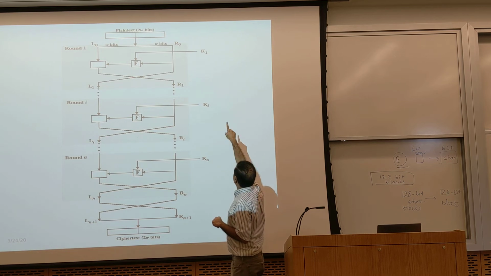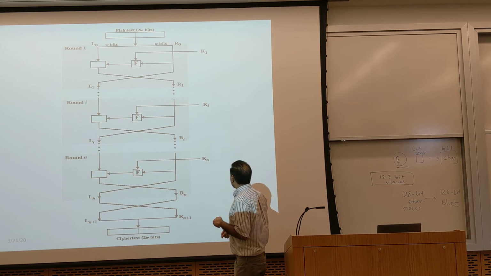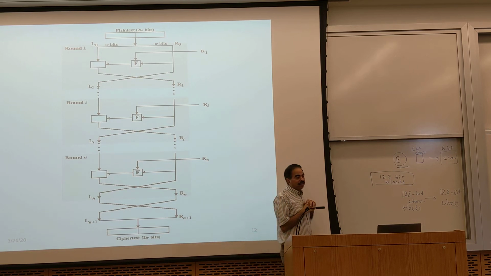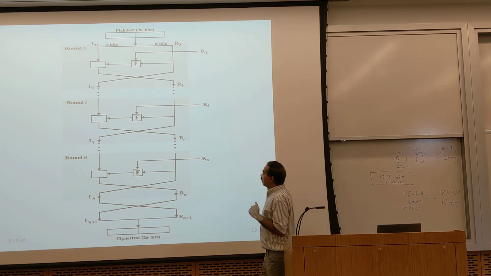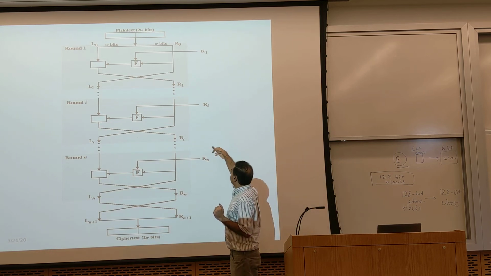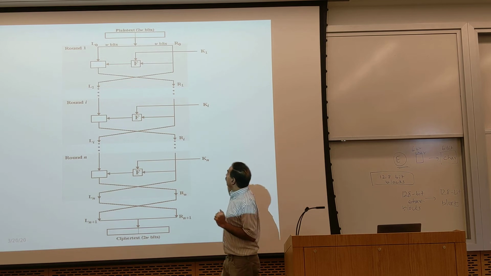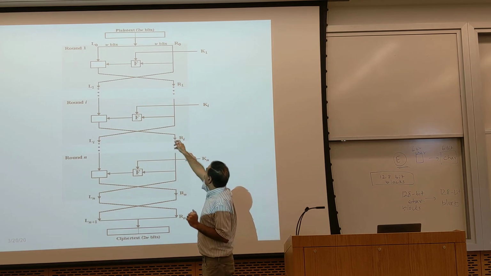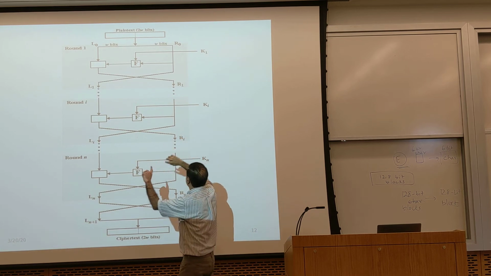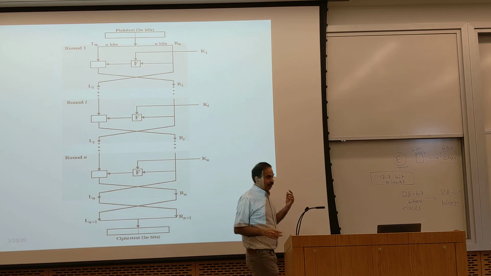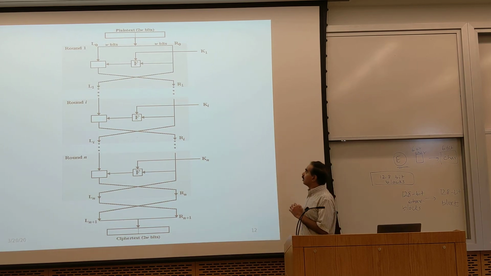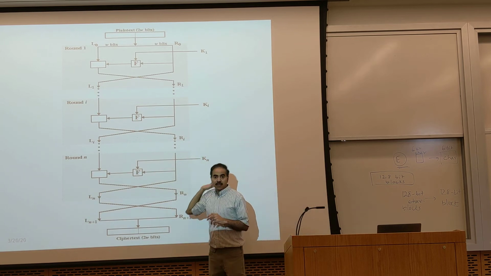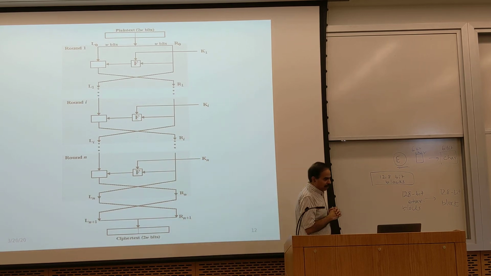Okay, and you can see that there are K1 through Kn, and these are all derived from the input key K, so that each round has its own version of the key that's derived from the original key. In each phase you do this permutation based on the key, and then the other half goes through, and then you flip it around so that the half that gets permuted in one round is going through without any change in the next round, and so on.